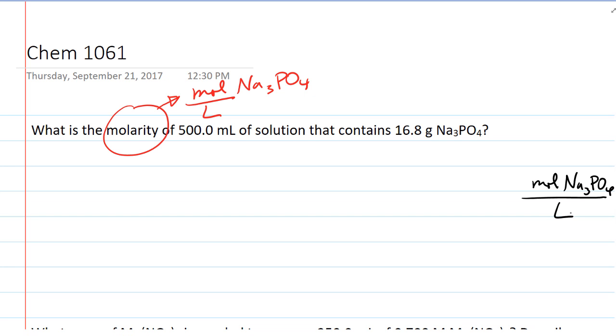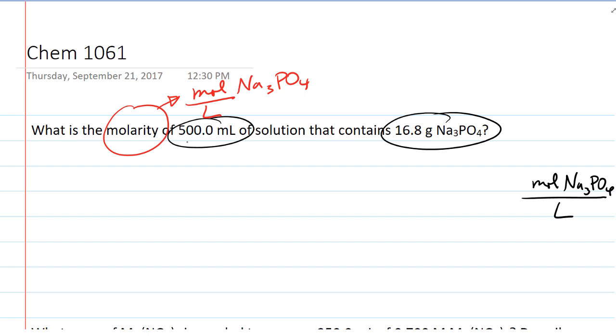So the best way then on this one is to look at the amounts that were given, the 16.8 grams and the 500 milliliters, and think about placing them into a calculation. Which one of these is most easily converted to moles? The grams. Which one is most easily converted to liters? The milliliters.